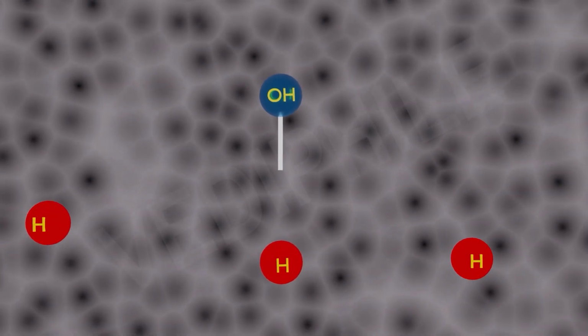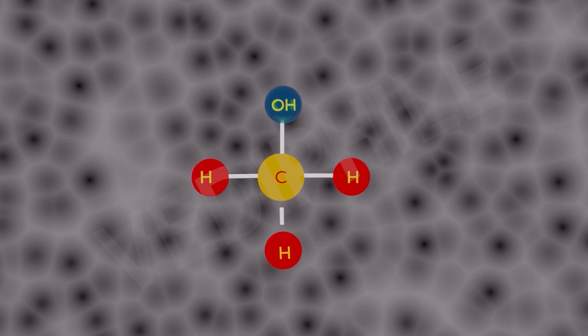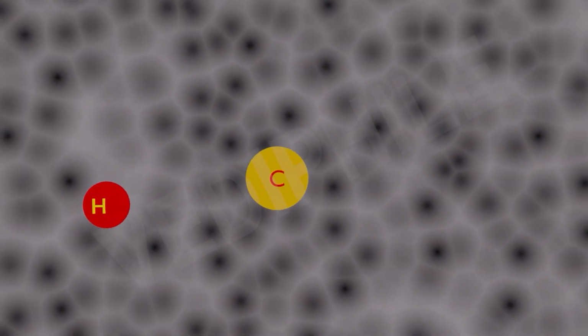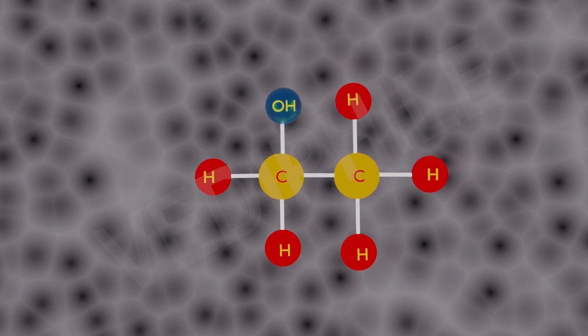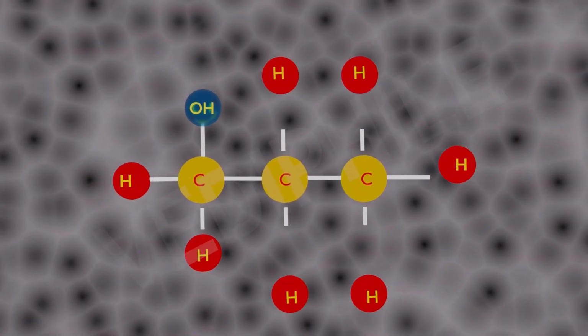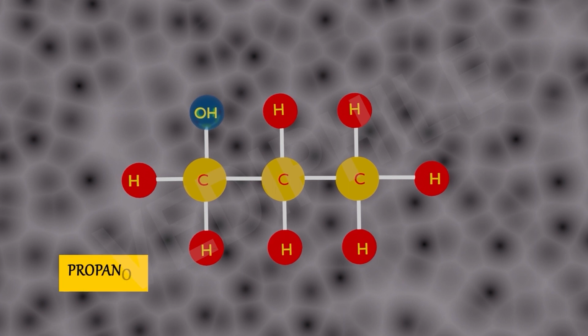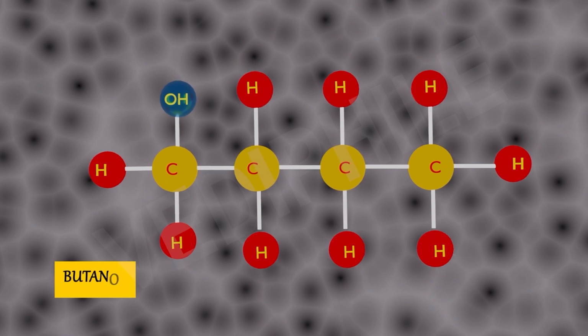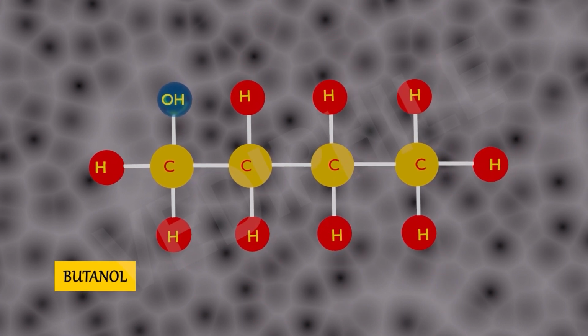So one carbon compound alcohol is known as meth plus all, methanol. 2 carbon compound alcohol is known as eth plus all, means ethanol. 3 carbon compound alcohol is known as prop plus all, means propanol. 4 carbon compound alcohol is known as but plus all, means butanol.